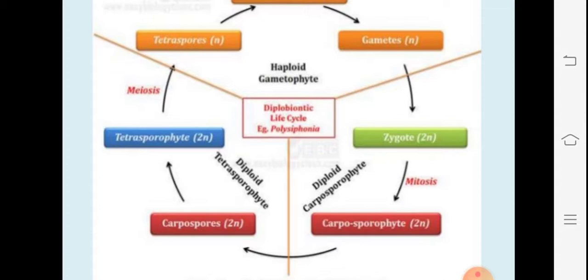The carposporophyte gives diploid carpospores, not haploid, so it is called a diploid tetrasporophyte, and the tetrasporophyte is diploid and it develops the haploid tetraspores.